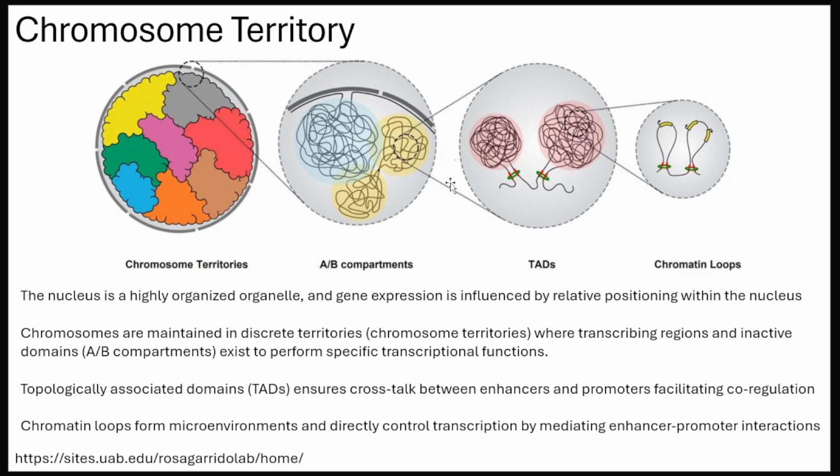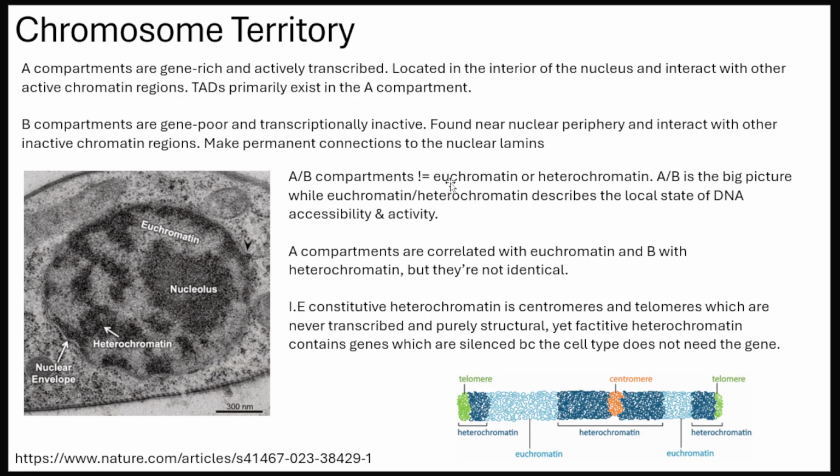And topologically associated domains are where the loops, or as you can imagine, where the trombone model happens, and these ensure crosstalk between enhancers and promoters facilitating co-expression. Within a topological domain, there are multiple loops, and these are just microenvironments of enhancer-promoter interactions.